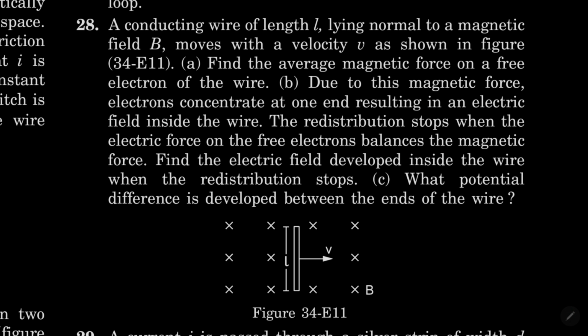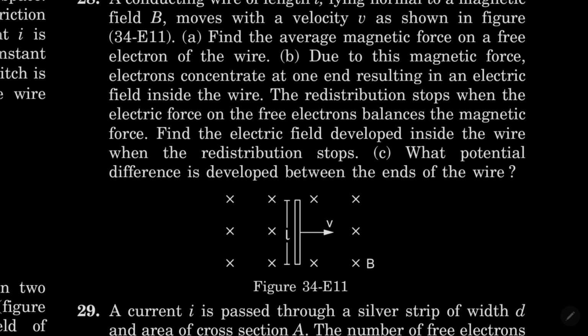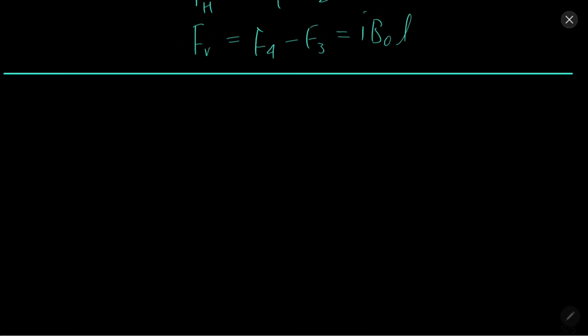In 28, we need to find the average magnetic force on a free electron of the wire, and due to this magnetic force, find the electric field developed inside the wire when redistribution stops, and what potential difference is developed between the ends of the wire. Solution 28.